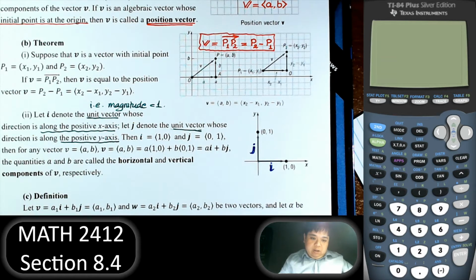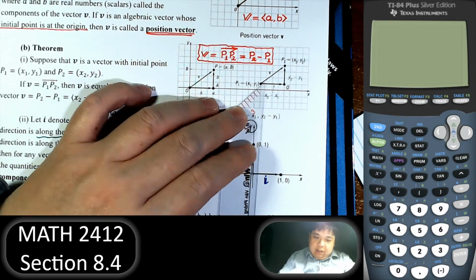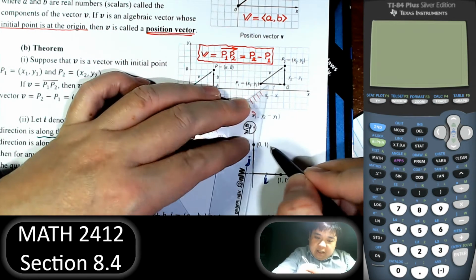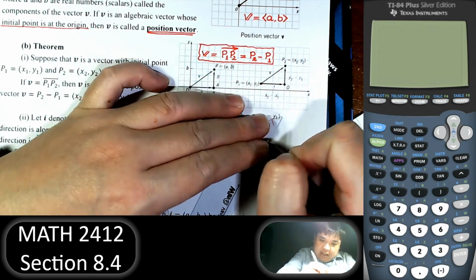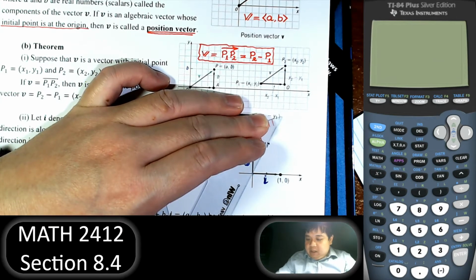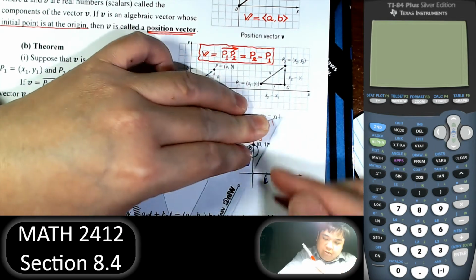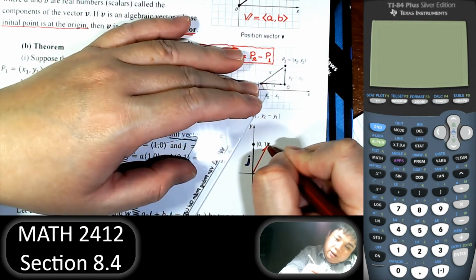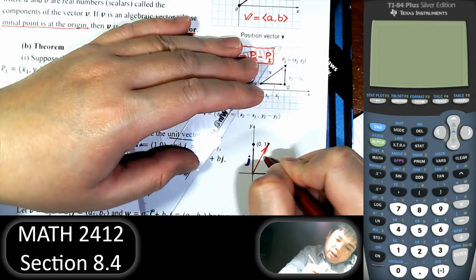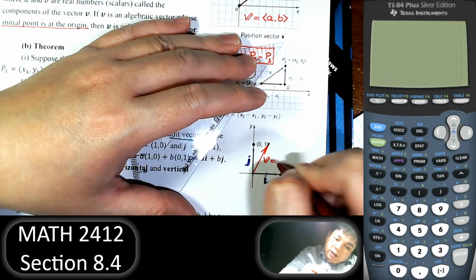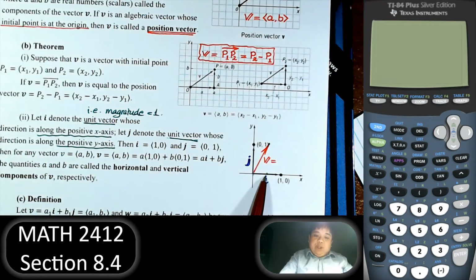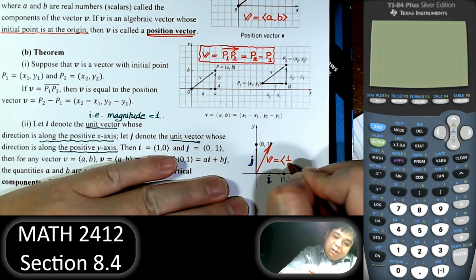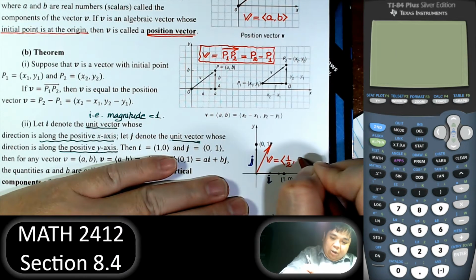For example, let's say we have a vector, and let's say this is the vector v. We go half a unit to the right and then 1 unit up.